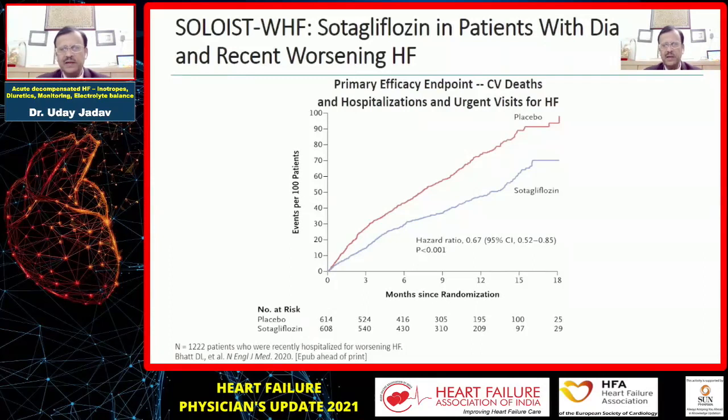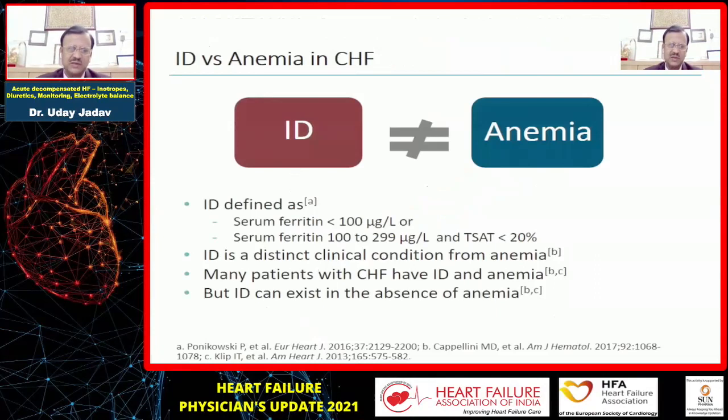So there is now a way to treat patients who have been recently hospitalized for worsening heart failure and start them on SGLT2 inhibitors a little early. It's not always easy to do that in clinical practice, as we'll see.